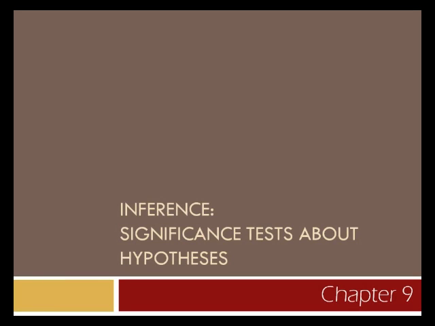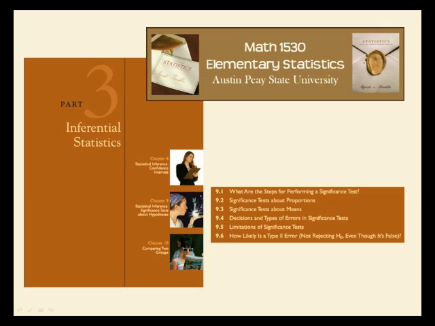So our first 2 sections are looking at the steps of doing a significance test and how you go through that. The second thing that we'll talk about is focusing in on proportions and doing examples of hypothesis tests. The first section is really just a laying out of the process.